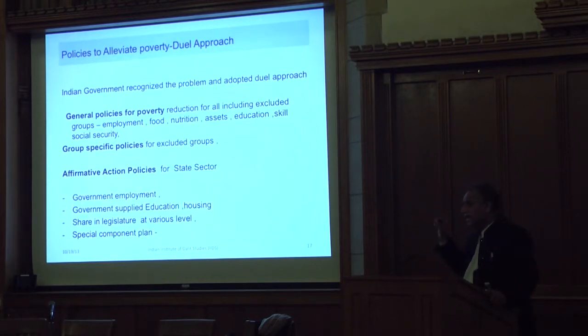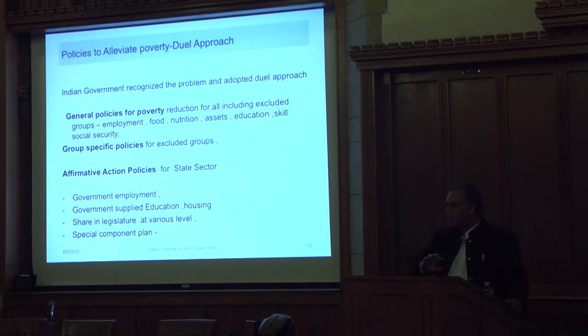And here precisely I have differences with the MDG strategy as well as the strategy proposed by the World Bank in this report, though the Indian government has, of course, developed this policy. The point is that you require a group-specific policy because excluded groups face discrimination and differential treatment in the market when they go for access to employment and education and others. If they face differential access, you have to have policies which will ensure them non-discriminatory access.